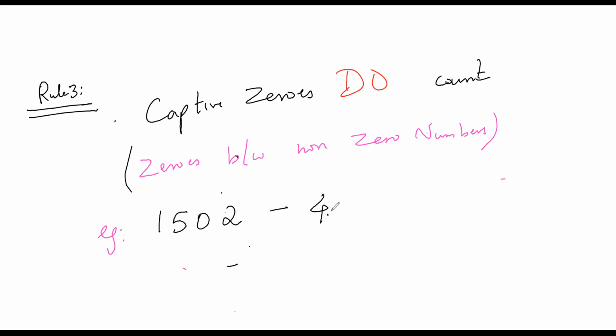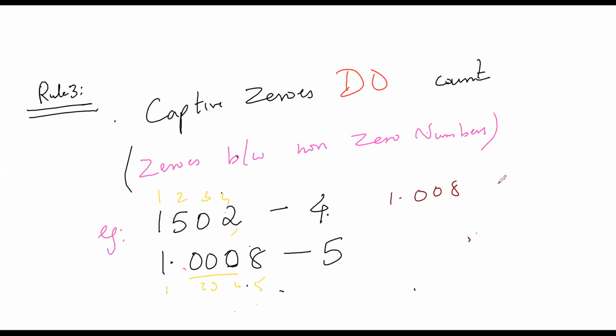The number of significant digits is 4. What about 1.0008? The number of significant digits is 5, because these captive zeros are also included. So totally 1, 2, 3, 4, 5. Here it is 1, 2, 3, 4. One more example, 1.008. Here it is 4. Captive zeros, in the sense zeros between non-zero numbers.